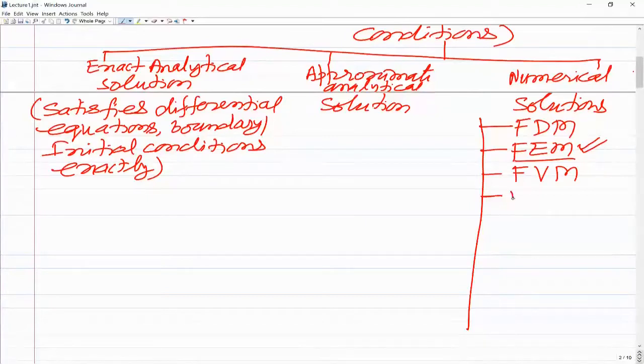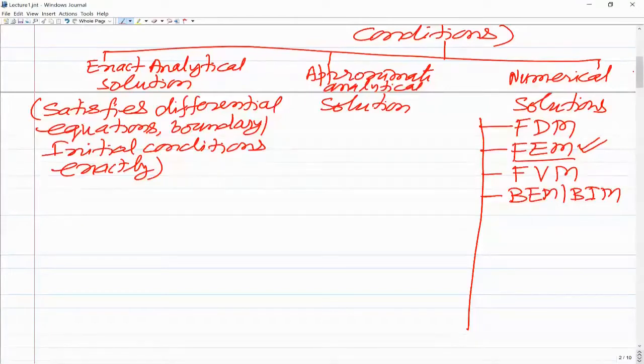There are other methods like BEM, the boundary element method, or sometimes it is also referred to as BIM, the boundary integral method. In finite element and finite volume, the domain is discretized, and the differential equations governing the problem are defined over the domain of the problem.